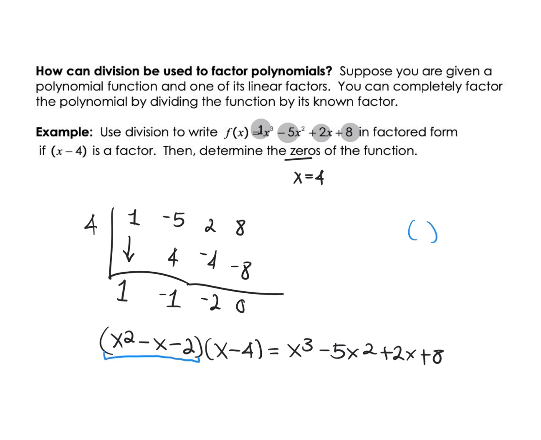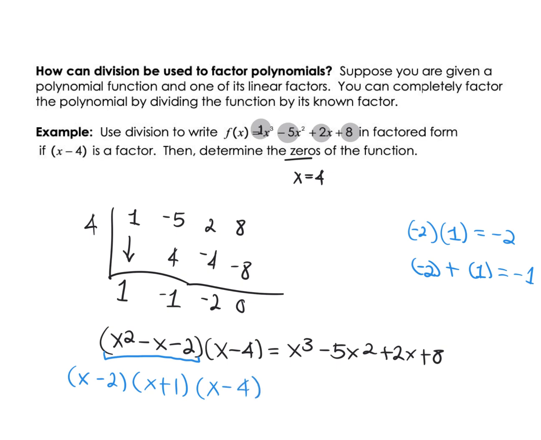We want two numbers that multiply to negative 2 and add to negative 1. So it's going to be negative 2 and positive 1. So this is x minus 2 times x plus 1 times x minus 4 is what this ends up equaling. So then your zeros are x equals 4, x equals negative 1, x equals 2.